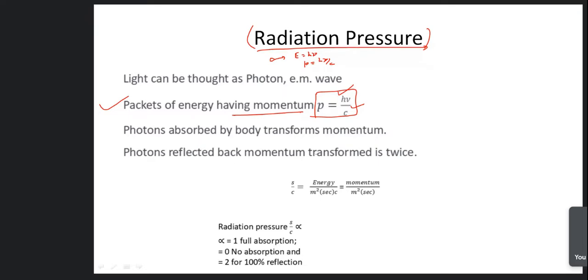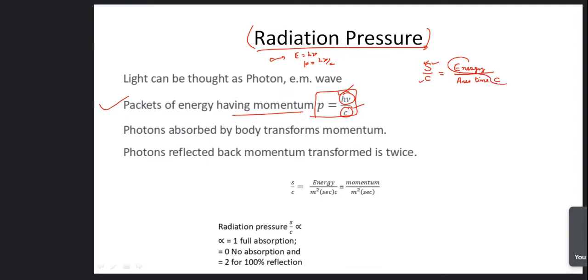So radiation pressure is exactly S divided by c, where S is the Poynting vector, energy per unit area per unit time. Energy divided by c is momentum, the momentum of the photon.